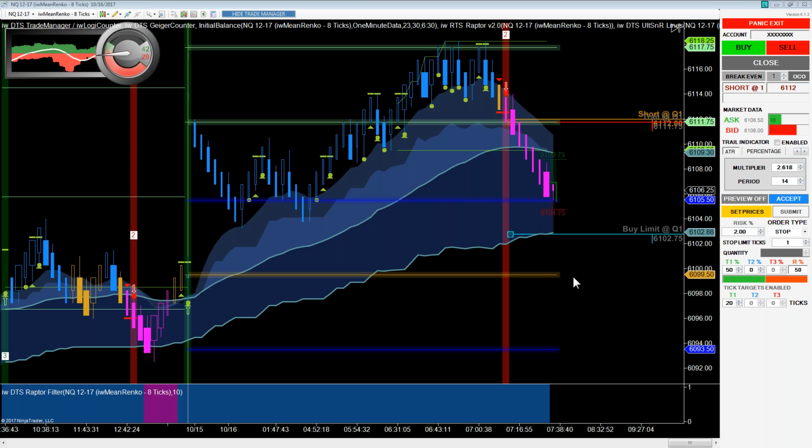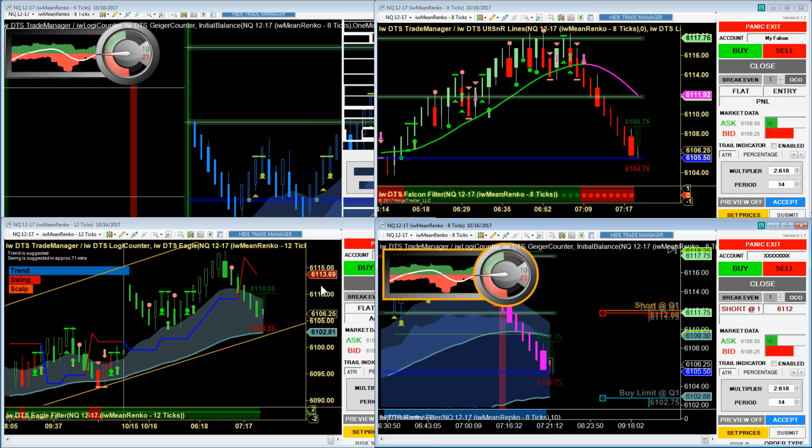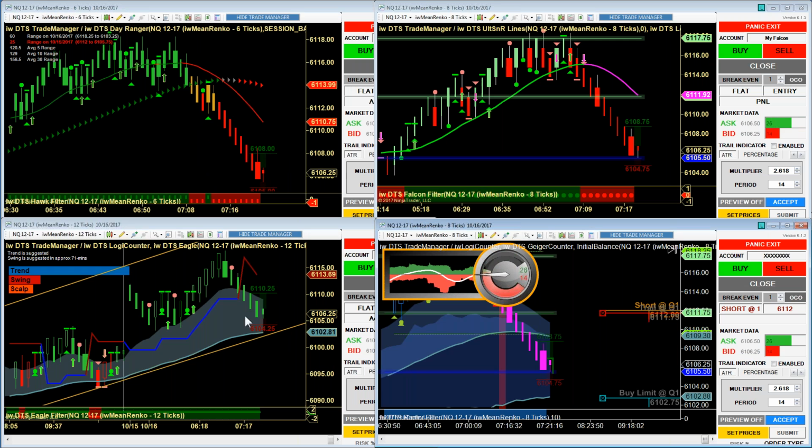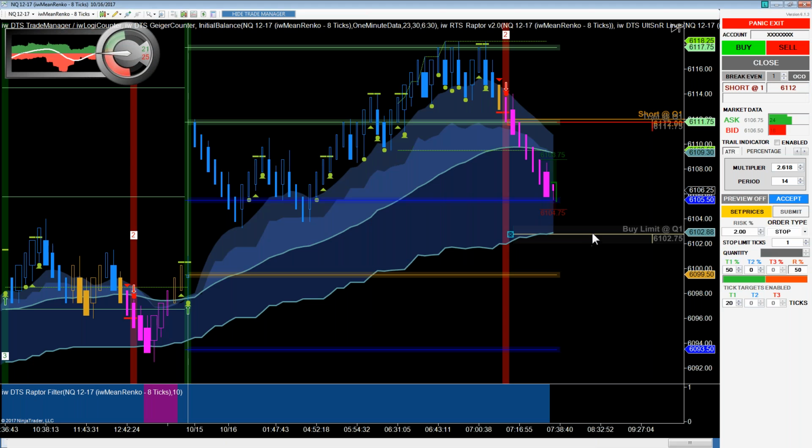I could try to take it down here to the median line, but I think that may be pressing it a little bit too much. So you can see here's the bottom end of that channel that we looked at earlier. And even at 6102, I might be asking a little bit much. We'll bring this up a couple of ticks.